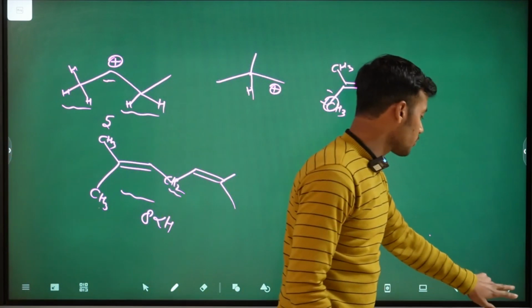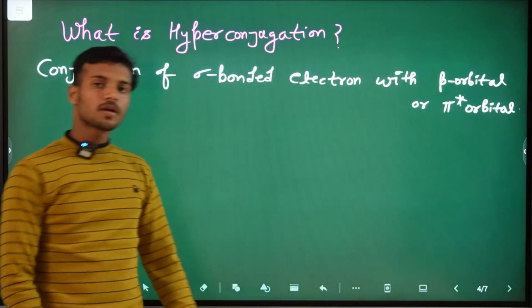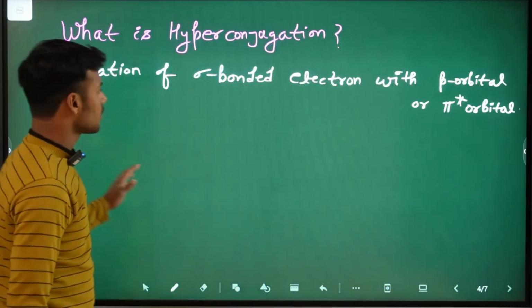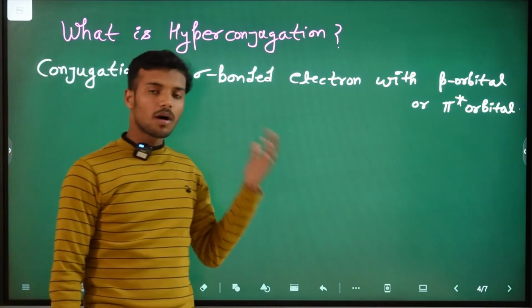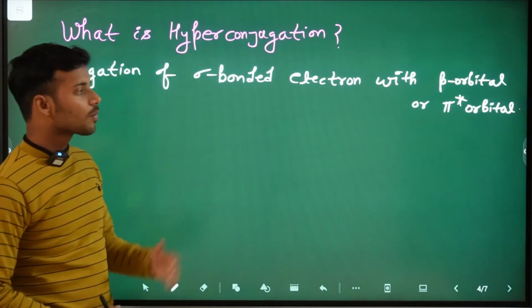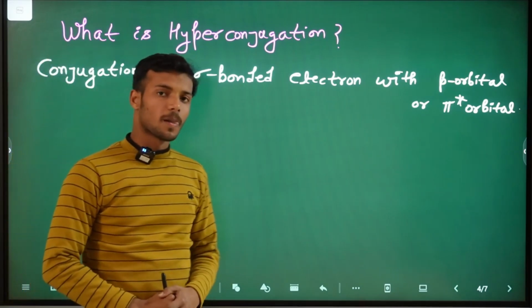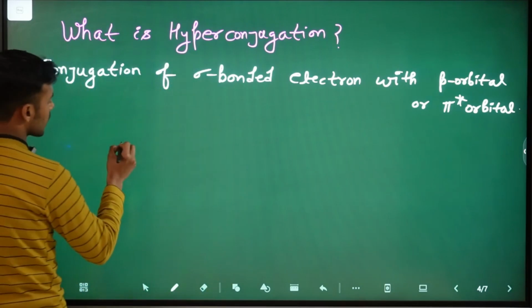Now I am going to start what hyperconjugation is. This effect is nothing but conjugation of sigma bonded electron with a p orbital or pi star orbital. Take an example of ethyl carbocation.